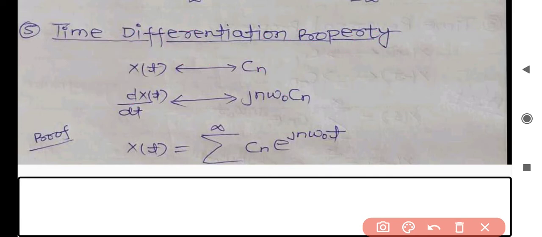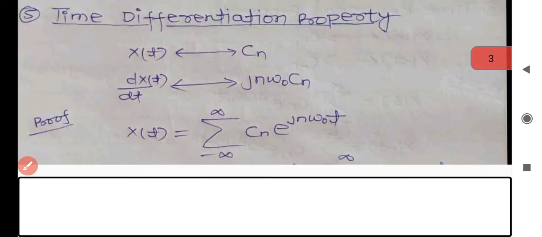Here is the proof. From the definition of Fourier series, x(t) can be represented as x(t) equals the sum over n from minus infinity to plus infinity of Cn e power j n omega naught t.